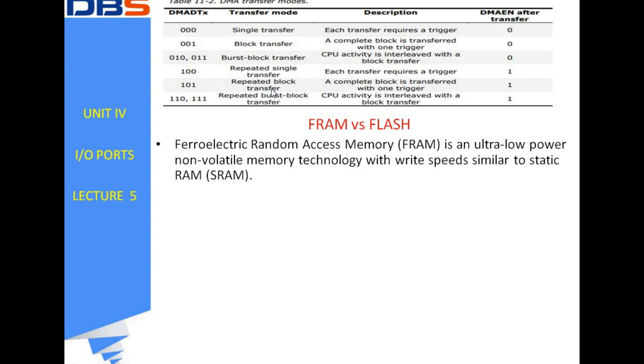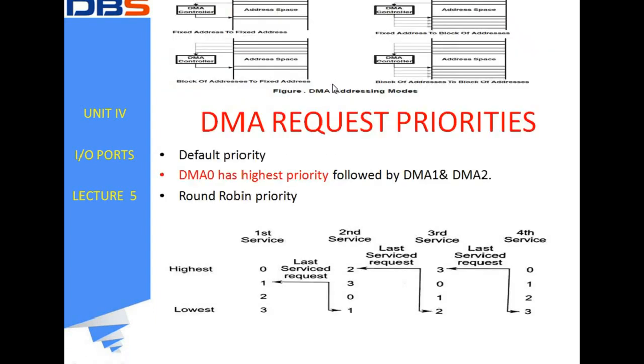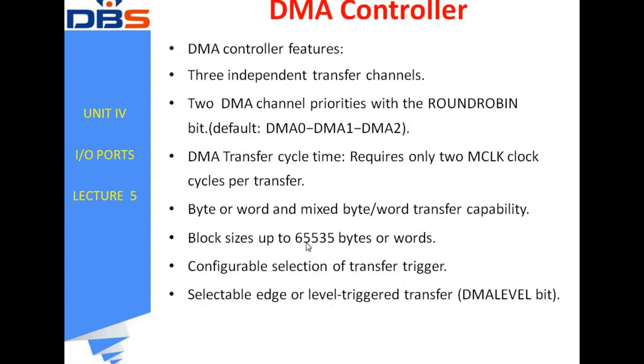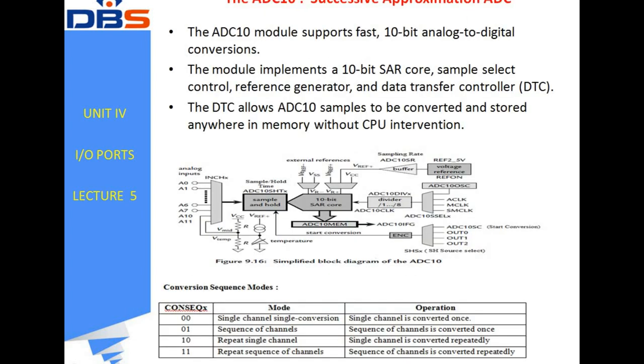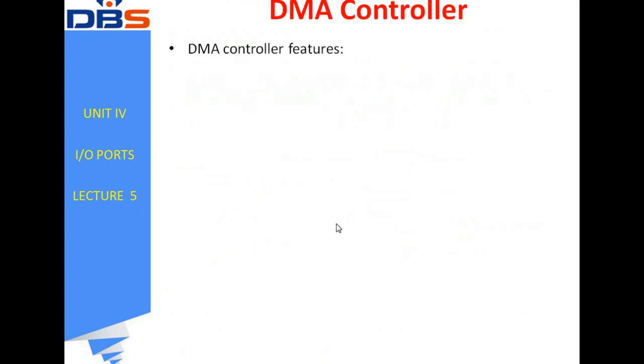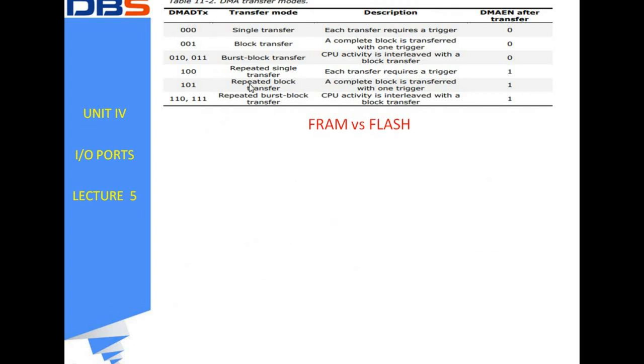Repeated block transfer, as I have already told you, see these modes, repeated block transfer: a complete block is transferred with one trigger. And the last ones are 110 and 111.